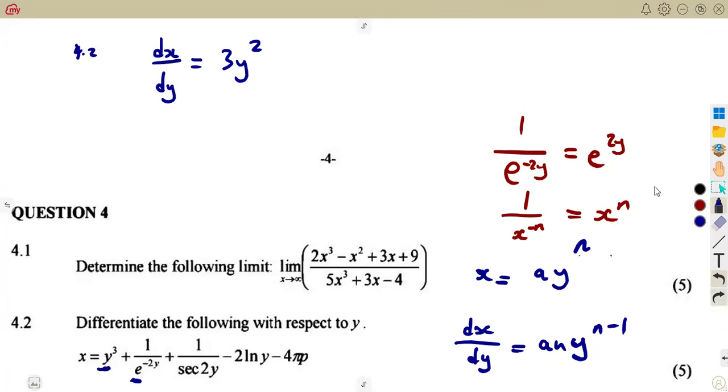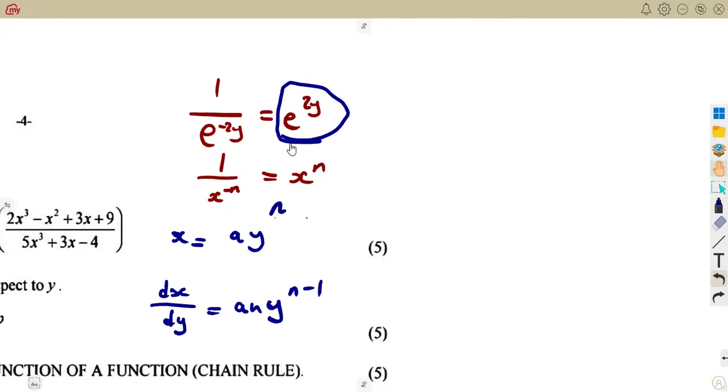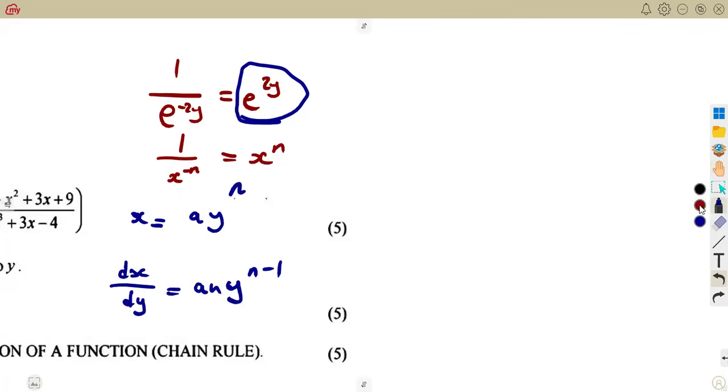Then we can differentiate this. We are used to this. Remember, when you differentiate e to the exponent of a number, it is just like the derivative of k times a to the exponent of f of x. I've talked about this, guys. When you differentiate this type, we were dealing with f of x. Now it's f of y, guys. So it's k a to the exponent of f of y this time.